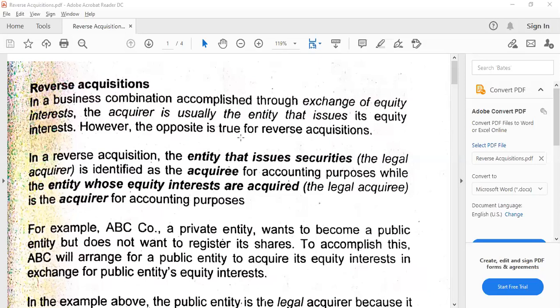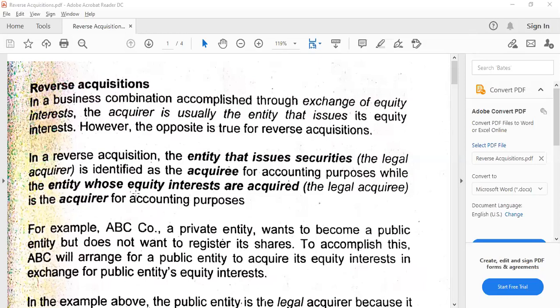So we say then that the legal acquirer is the accounting acquiree, while the entity whose equity interests are acquired, that is the legal acquiree, is the accounting acquirer, or the acquirer for accounting purposes.